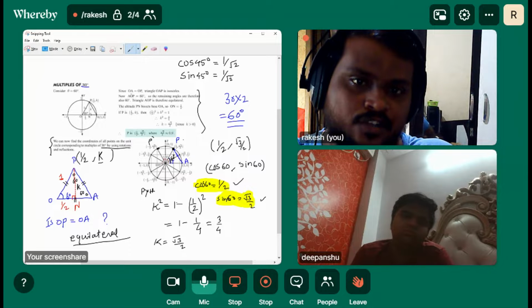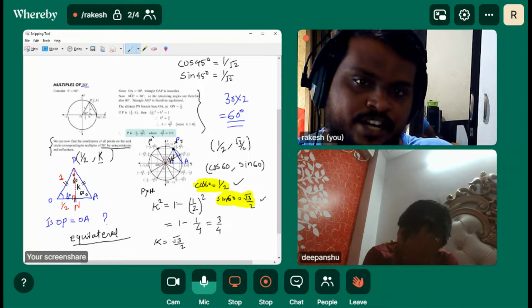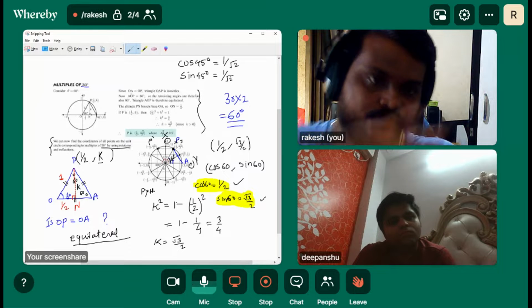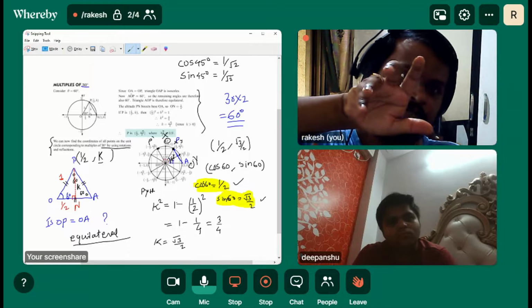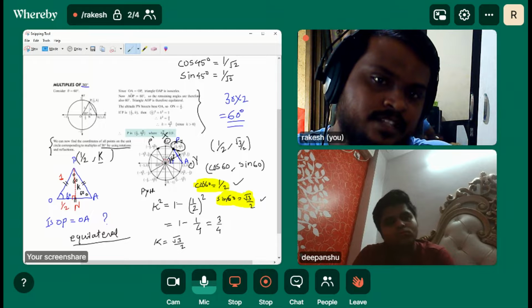So we got the x coordinate as 1/2 and the y coordinate as root 3 by 2. Now if you rotate, or consider the y axis as the x axis and the x axis as the y axis, the x and y coordinates will interchange, and that is for 30 degrees.